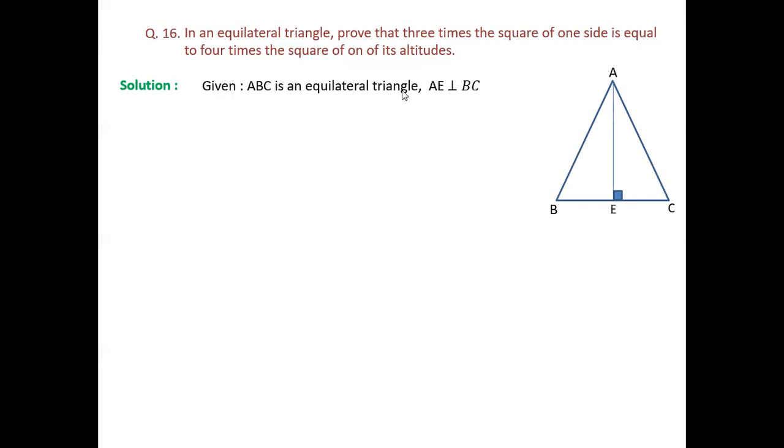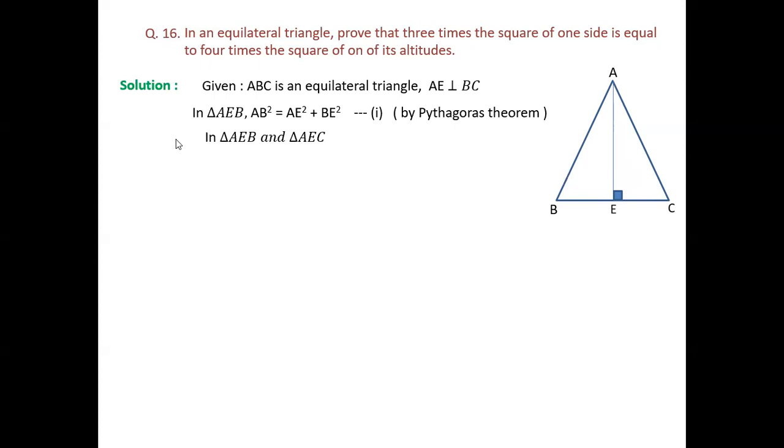ABC is an equilateral triangle, it is given, and AE is an altitude. That means AE is perpendicular to BC. So in triangle AEB, applying Pythagoras theorem here, AB square is equal to AE square plus BE square. This is the first equation by Pythagoras theorem.